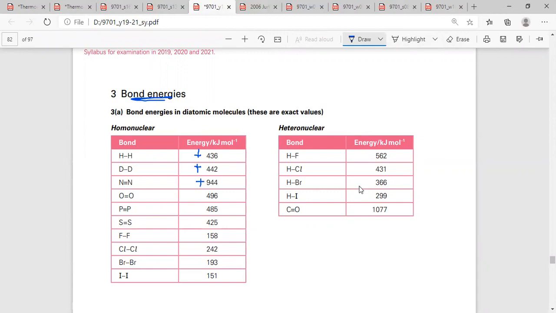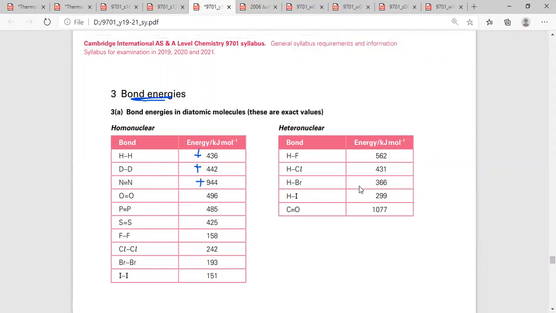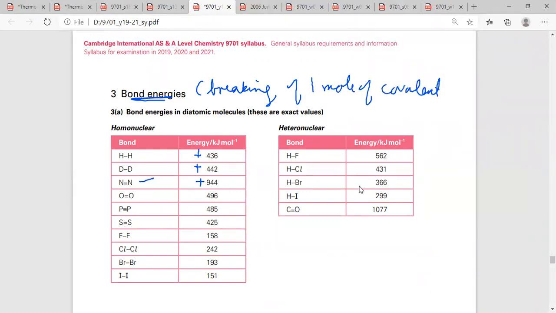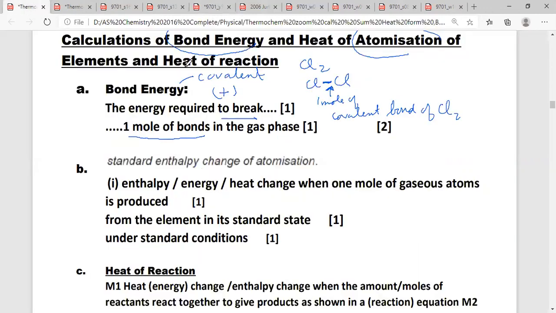So bond energy in the syllabus refers to the breaking of 1 mole of covalent bonds. Can be single bonds, double bonds, or triple bonds. Whatever is between the 2 of them, the diatomic fellows here, the bond broken is called the bond energy. So that must be clear.